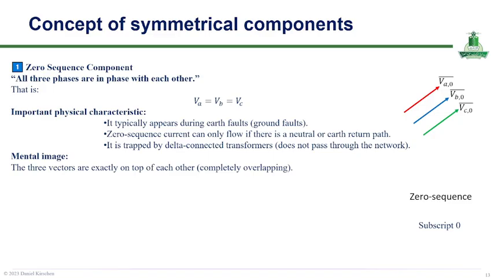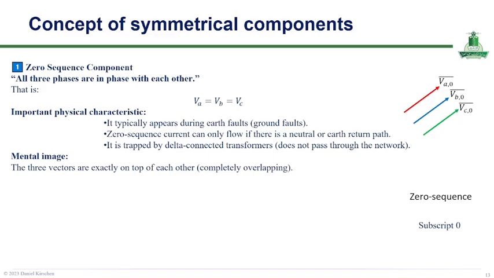This situation typically arises during ground or earth faults, where the system becomes unbalanced and a common return path through the ground or neutral is involved. An important characteristic of zero sequence current is that it can only flow if such a return path exists.